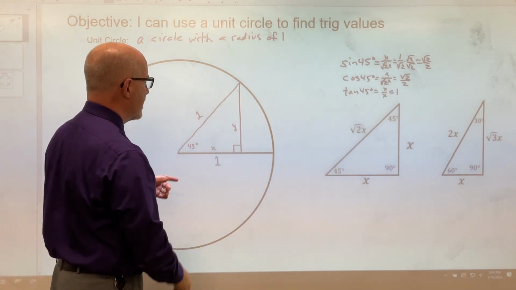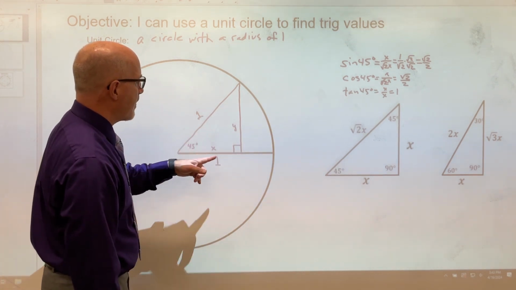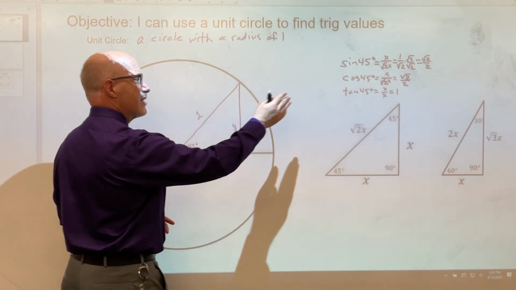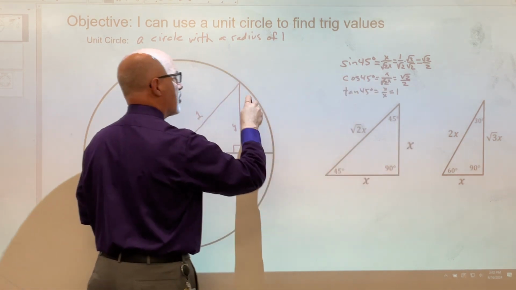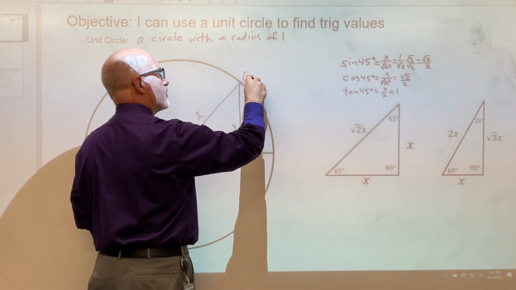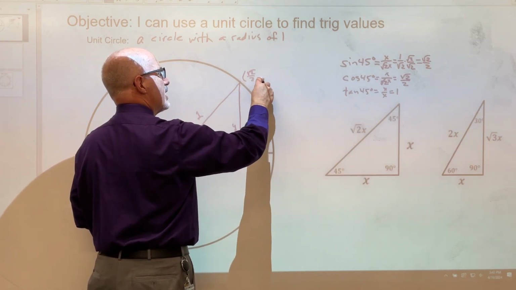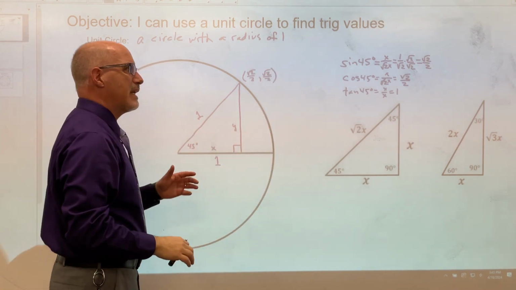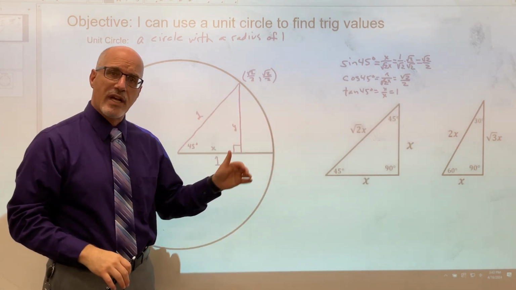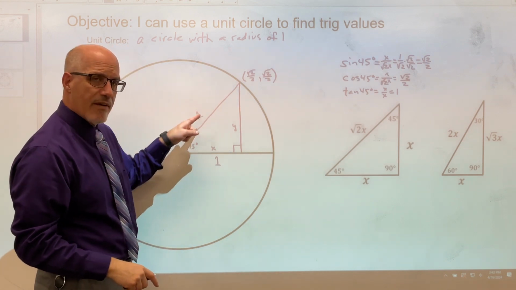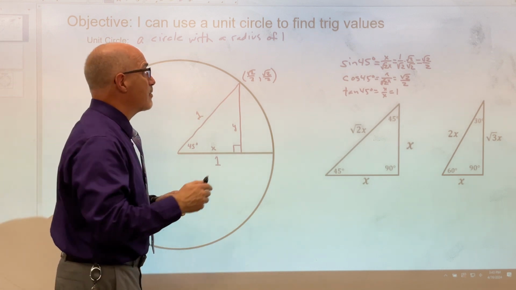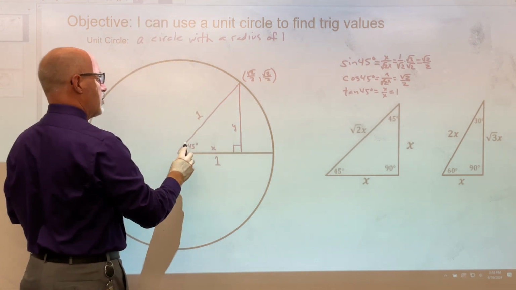Because this is similar to this ratio, it's going to have an x value of square root of 2 over 2 and a y value of square root of 2 over 2. Those end up being the cosine and the sine if we start with the radius equal to 1.